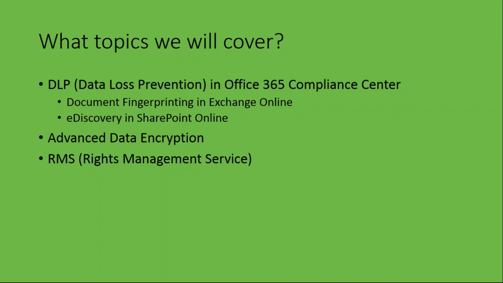And after that, we will see e-discovery in SharePoint Online. That means how the compliance managers or legal officers can discover the sensitive or confidential documents in all SharePoint Online sites and OneDrive for Business sites.